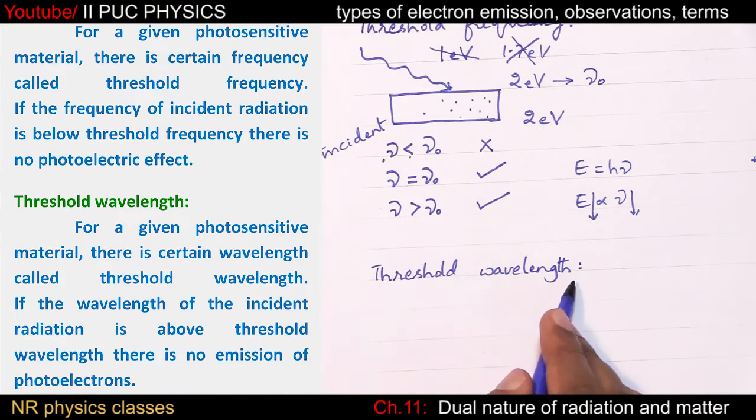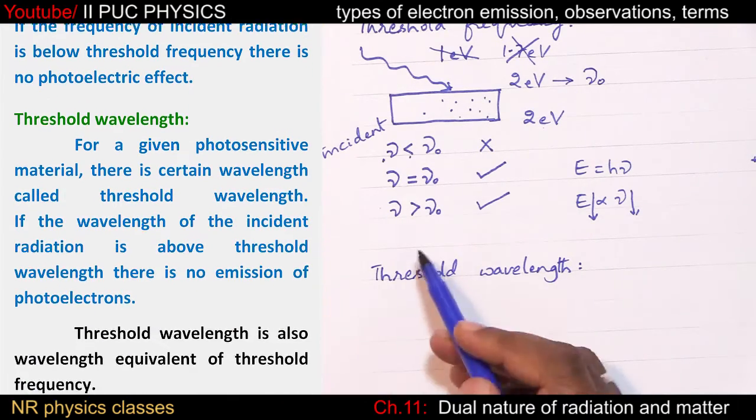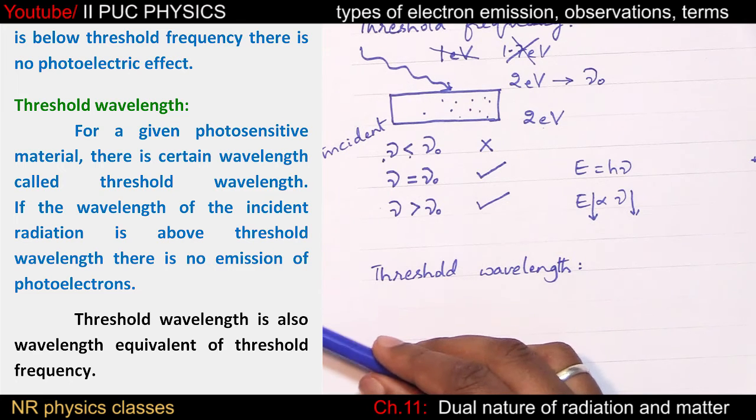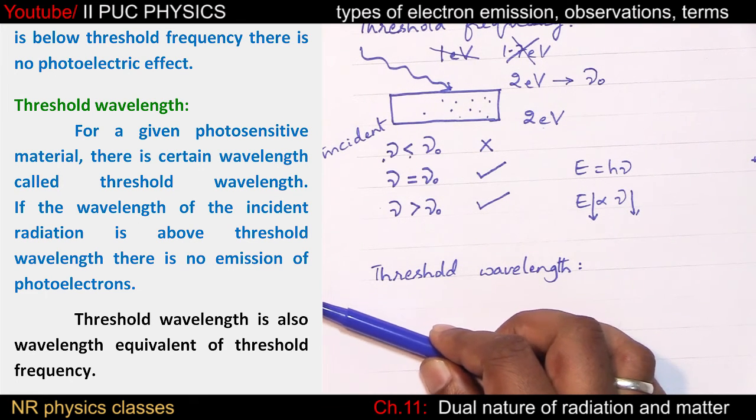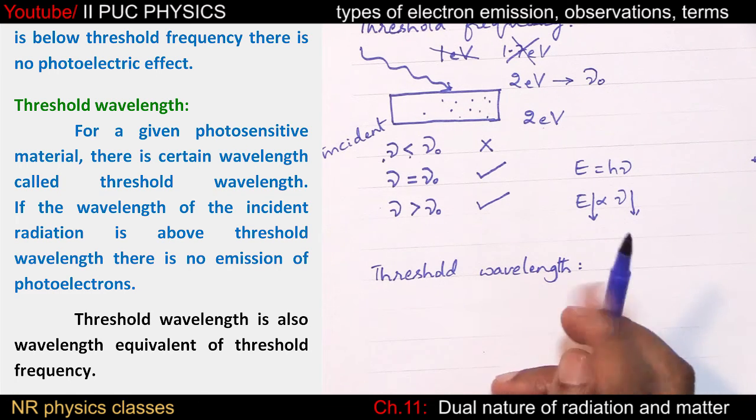Threshold wavelength. First, go through this statement. For a given photosensitive material, there is a certain wavelength called threshold wavelength. If the wavelength of incident radiation is above the threshold wavelength, there is no emission of photoelectrons.